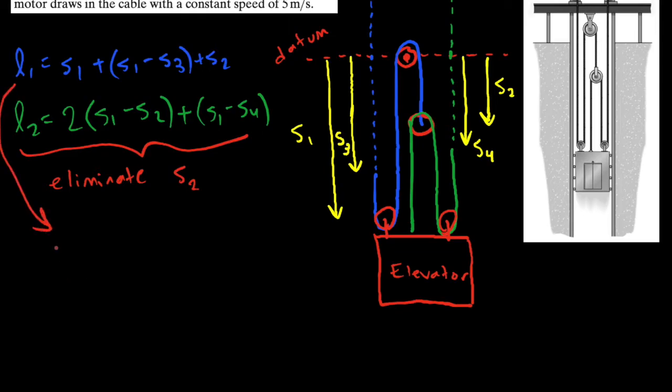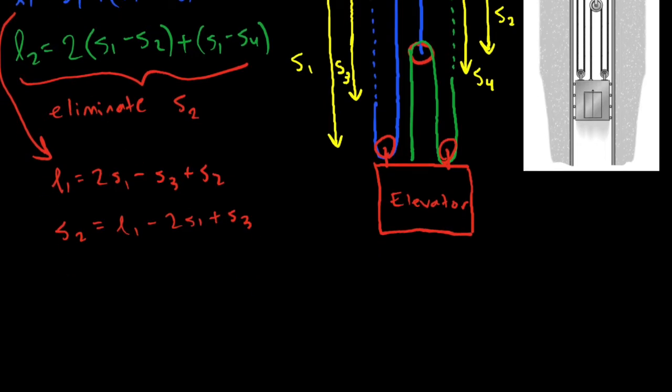We have L1 is equal to 2S1 minus S3 plus S2. And then rearranging this, we get S2 equals L1 minus 2S1 plus S3. So now let's plug this into this green equation to get a very nice equation.